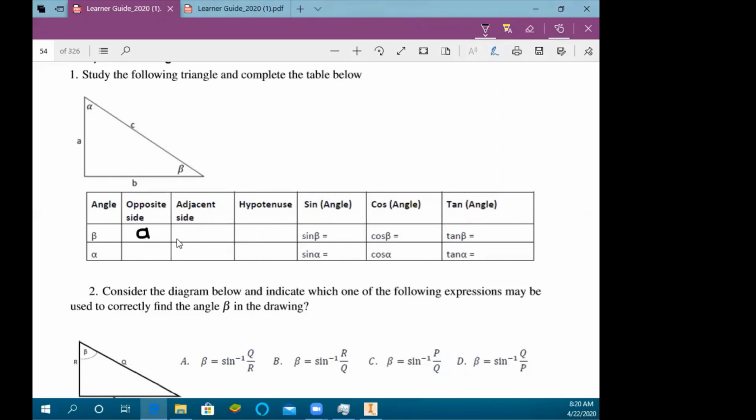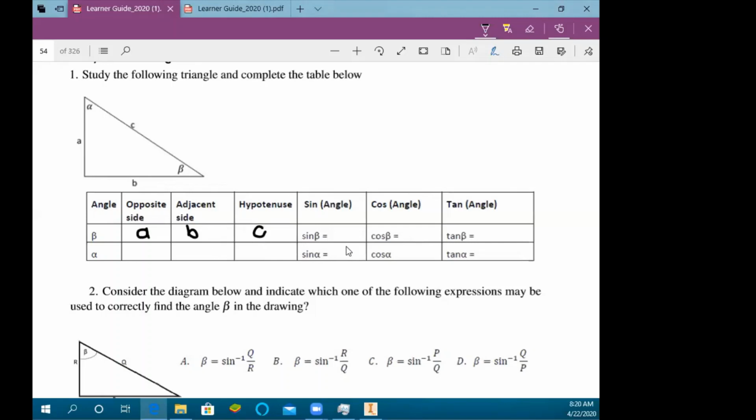The adjacent side of the angle beta is B. Then the hypotenuse is the same for both angles. In this case, just C, according to Pythagoras.